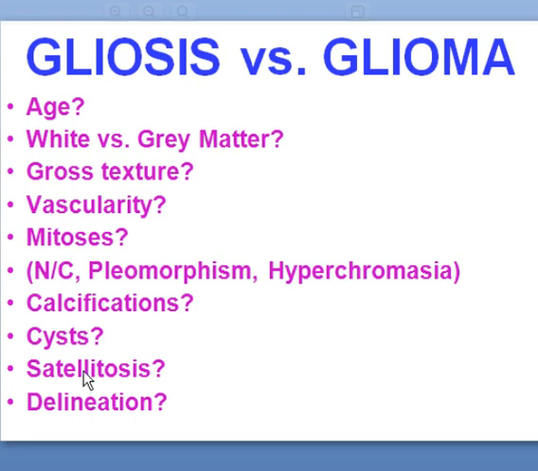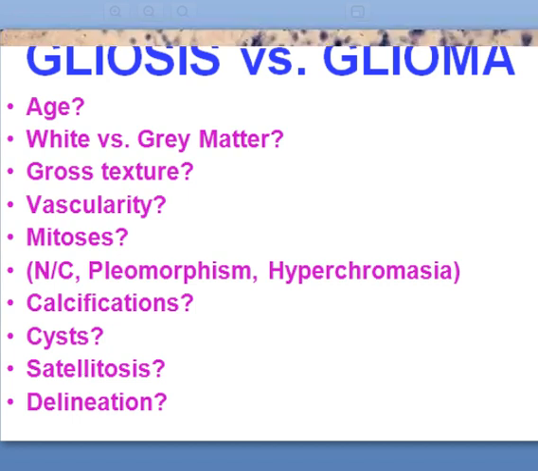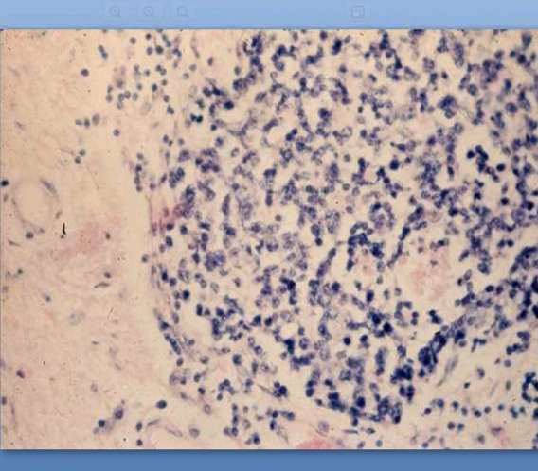These are all factors in differentiating one from another, because quite frankly, when you look at something like this, and you know that these are generally glial cells, and you know that this is generally brain tissue, and they look like pretty well differentiated glial cells, you're going to say, well, is this just gliosis due to some nonspecific injury, or is this a low-grade glioma?